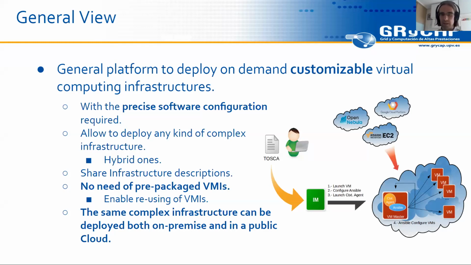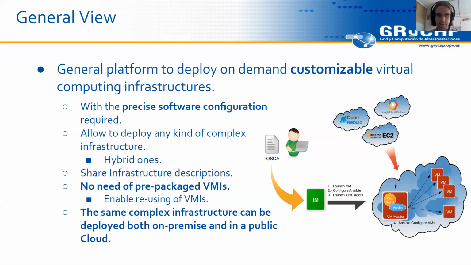It enables sharing infrastructure descriptions. So, as I said, the infrastructure descriptions are single text documents that are easy to share. It does not need prepackaged virtual machine images, because it installs all the required software at runtime.